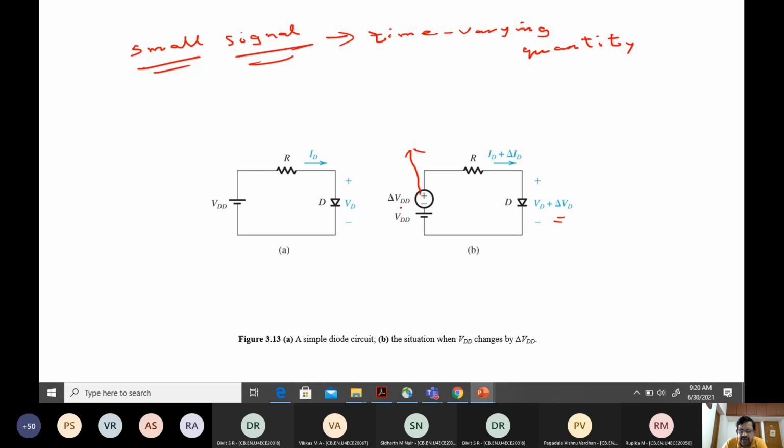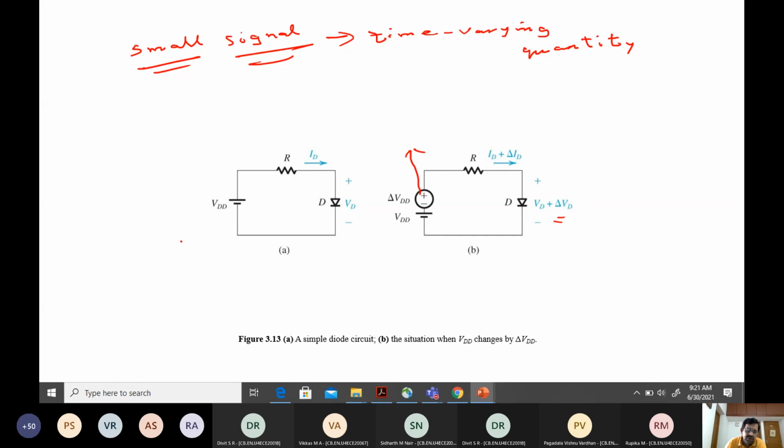For example, if I have 10 volts, and 5 millivolts is the maximum change that should be accommodated in the circuit, then it will be 10 volts plus or minus 5 millivolts, or 0.005. That is the excursion that changes with time. We will see that. With these definitions, let us move on to how to proceed with this kind of analysis. Let us say I have the circuit over here.